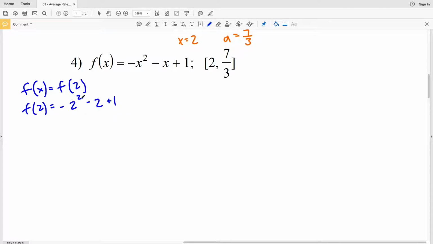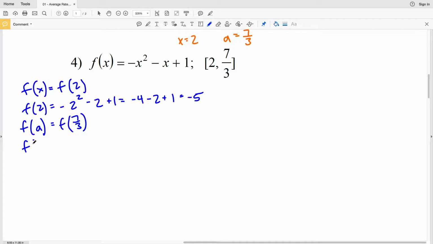So the opposite of 2 squared is 4, so that's going to be negative 4 minus 2 plus 1, which is a negative 5.